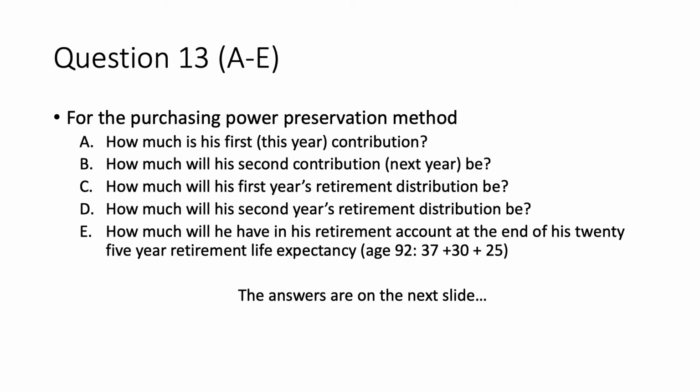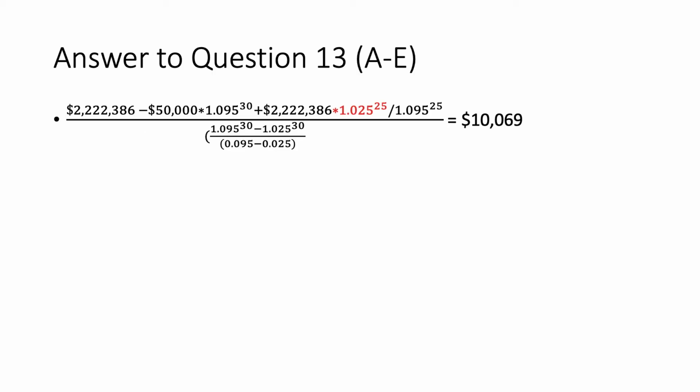Now for the purchasing power preservation method, looking again for the same information. Going from the capital preservation method that we just did to this method, all we do is sneak in here, growing the 2.2 million by 1.025 to the 25th power, finding the purchasing power of 2.2 million at the end of his retirement life expectancy before discounting it back at 9.5%.